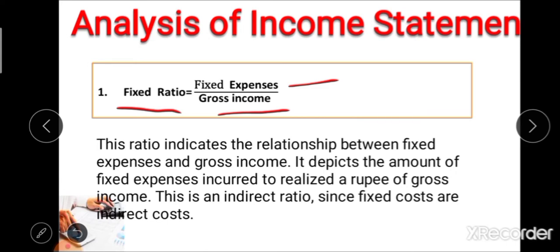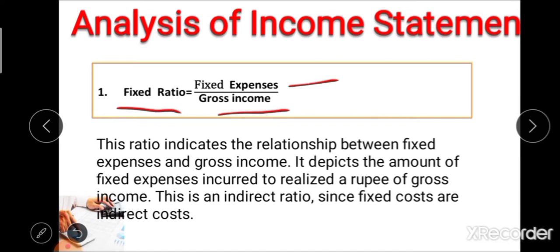It explains the relationship between fixed expenses and gross income, and depicts the amount of fixed expenses incurred to realize a rupee of gross income. That means if we get 1 rupee of gross income, how much fixed expense is incurred can be calculated by using this fixed ratio.